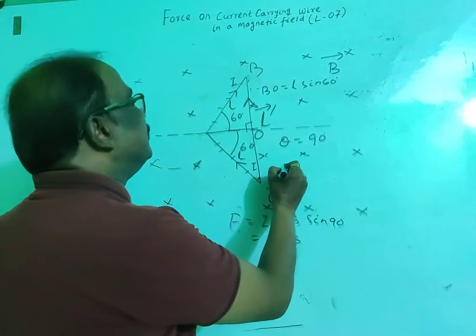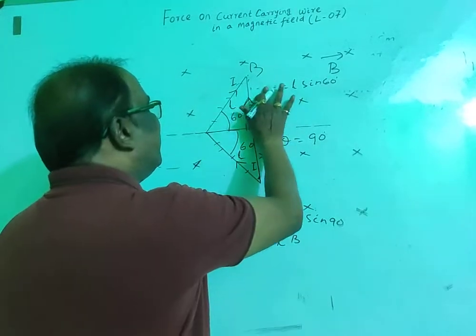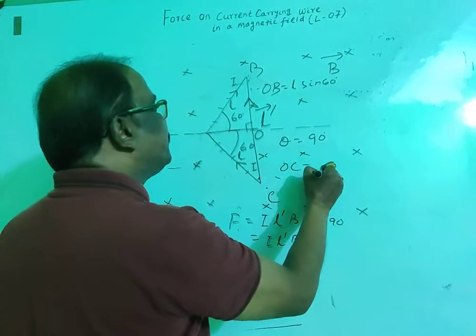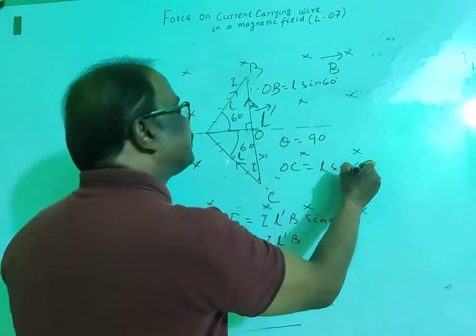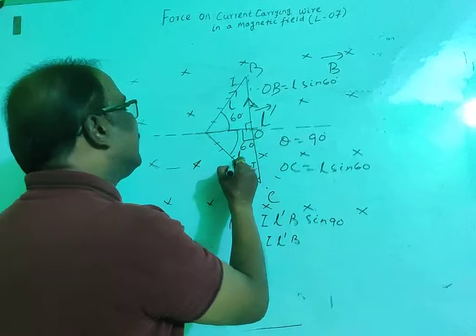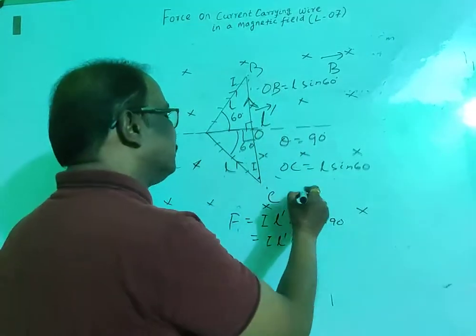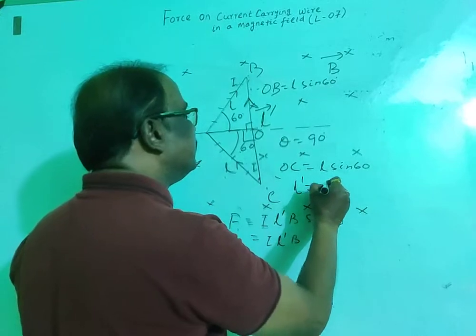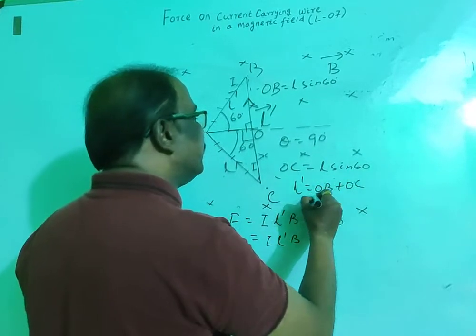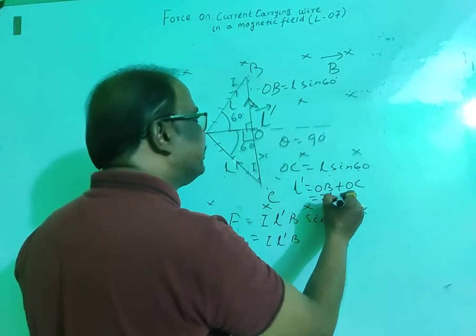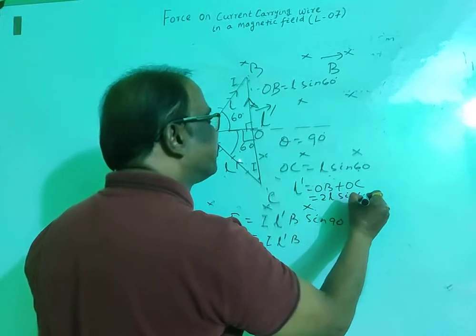And obviously OB is L sine 60, and obviously OC is also L sine 60. This angle is also 90 and this is also a length. So L dash is equal to OB plus OC, which is L sine 60 plus L sine 60, equal to 2L sine 60.